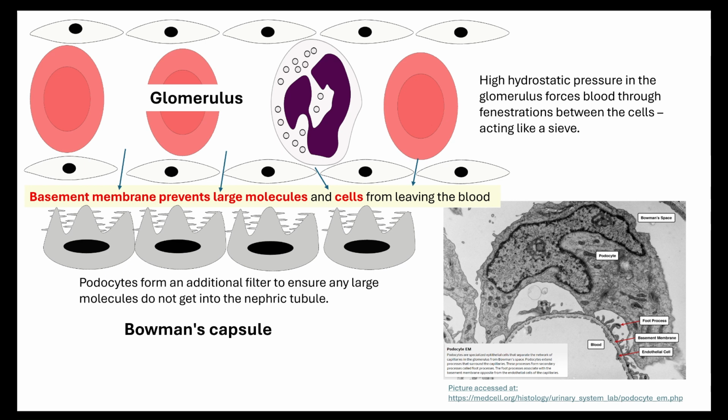We don't want to lose any of these large molecules. We don't want to excrete them. They should be maintained within our blood plasma. So this is another form of barrier. If there's any blood or large proteins found in our urine, that indicates a problem in our kidneys at the glomerulus and the Bowman's capsule.